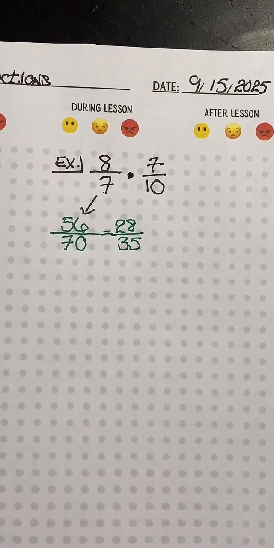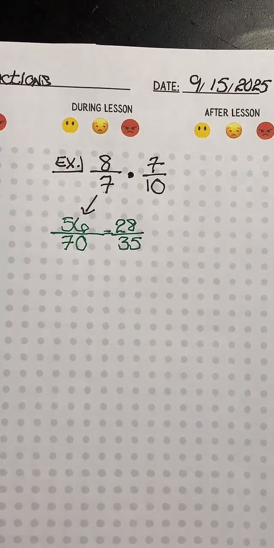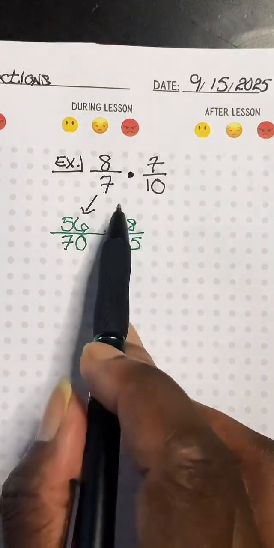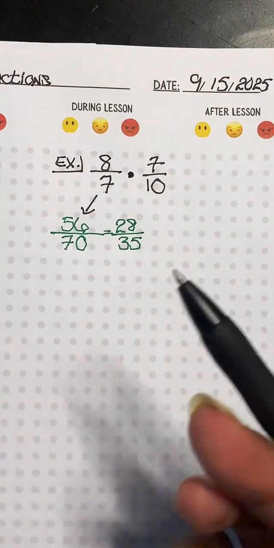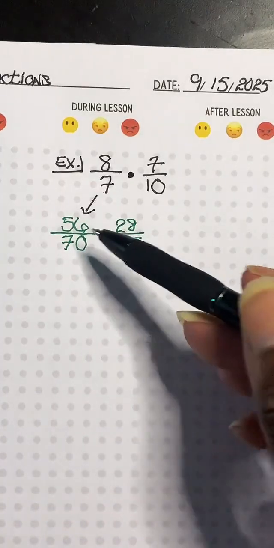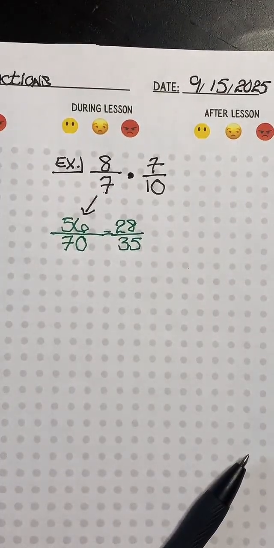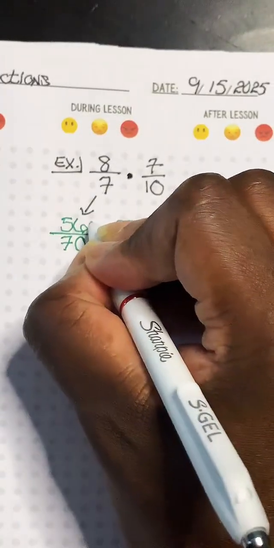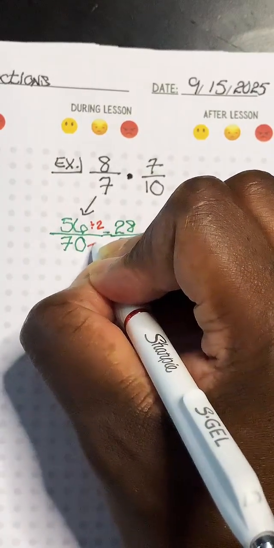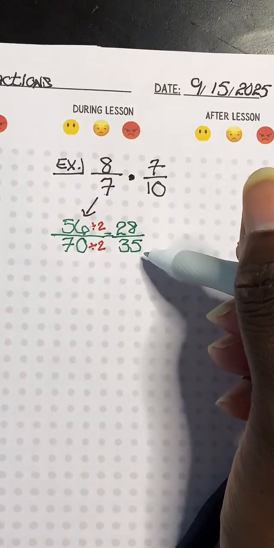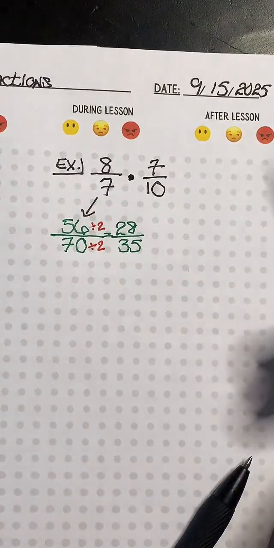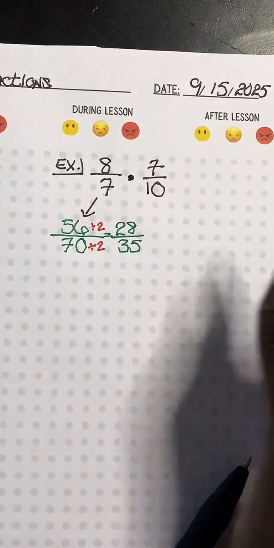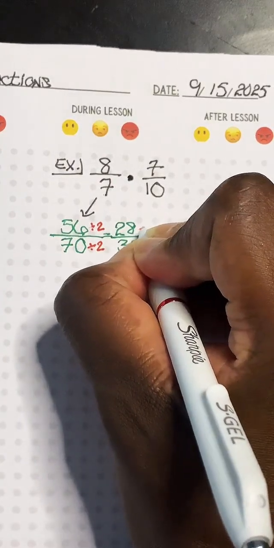So you're probably like, Audrey, there's a shorter way. I know, but some people like to do it this way, so I like to show both ways. So since I took that 56 and divided by 2, and then 70 and divided by 2, I got 28 and 35. Then I remember, 28 and 35, they both have 7 in common.